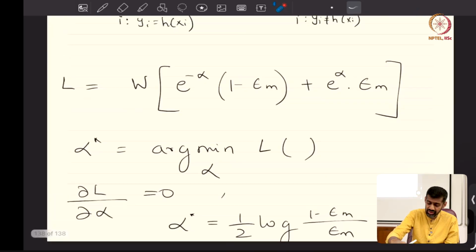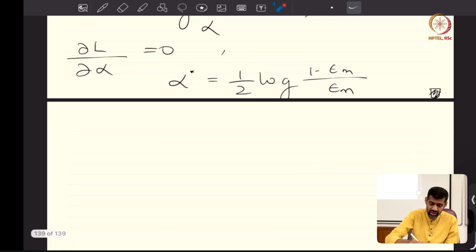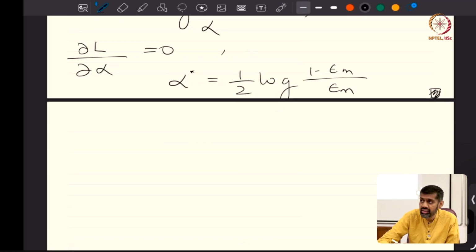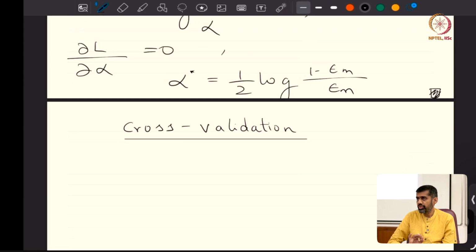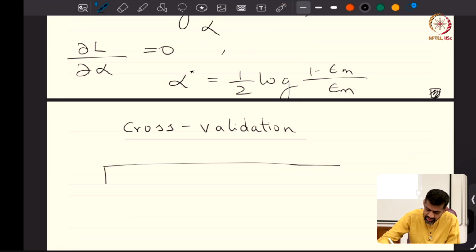So, this is about boosting. Since we are talking about bagging and boosting, I will also talk about an evaluation technique that is often used in literature, which is called cross validation. What happens in practice is, let us say that you are given some data set like this, which has n samples here.